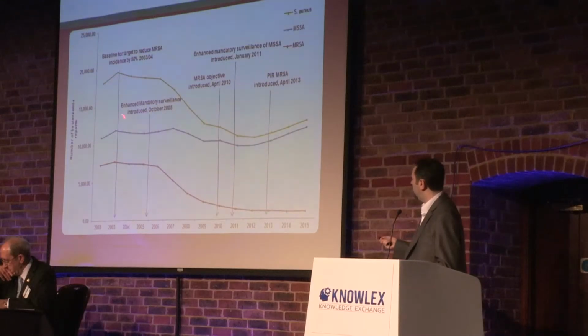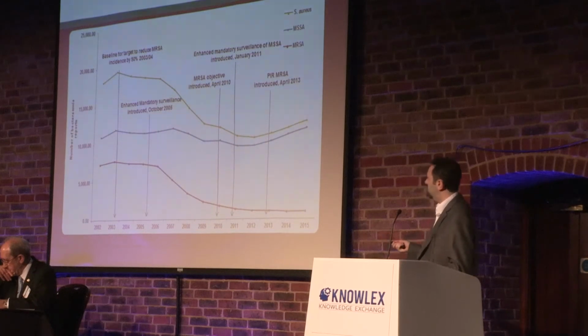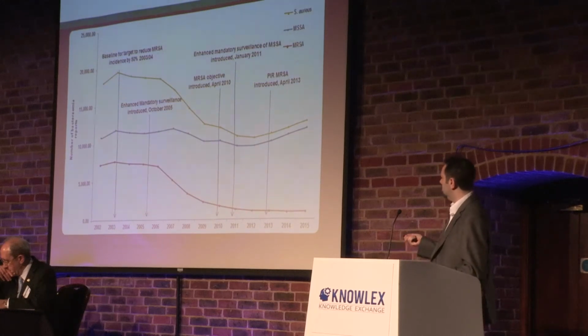So we look at some more recent data, and here you can see various developments of the surveillance program over time. The yellow line here is for Staph aureus. The blue is MSSA, so methicillin susceptible, and the red is the MRSA, the resistant Staph aureus bacteraemia.